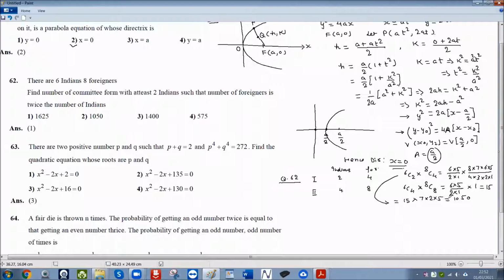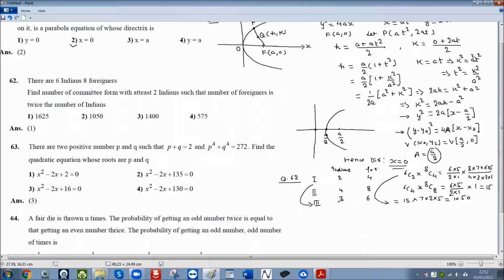Yeah, we have missed one case in which we can also have 3 Indians and 6 foreigners.